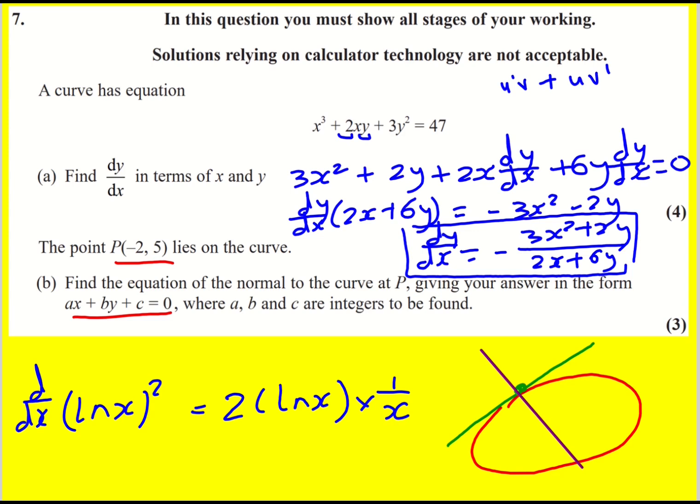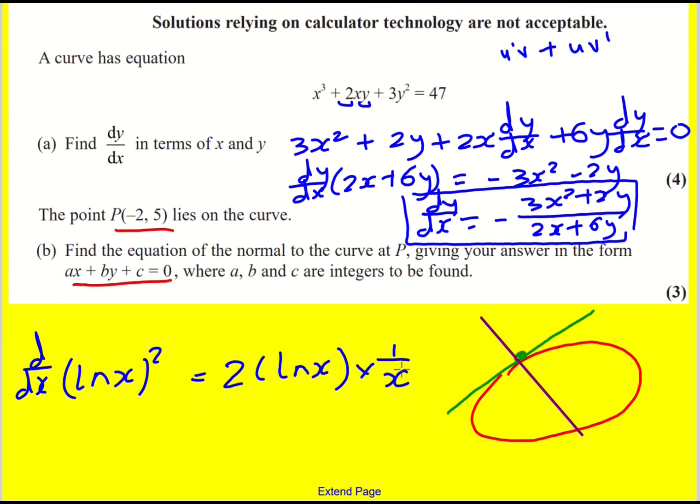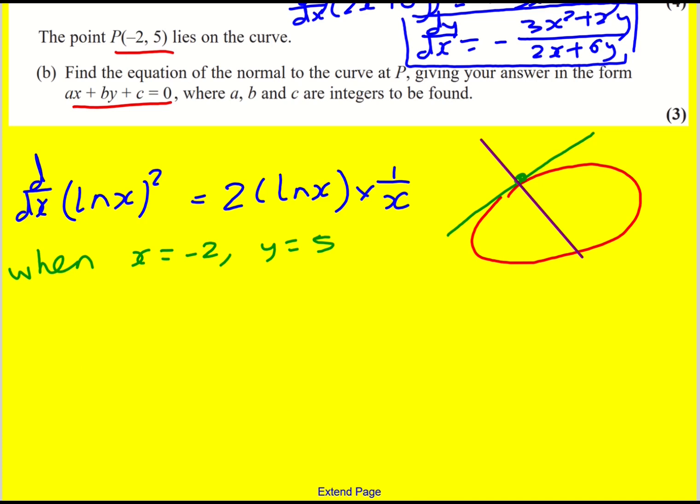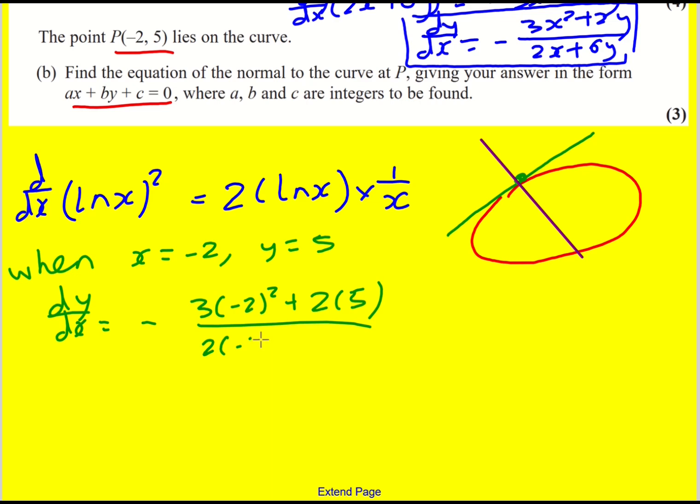The first thing to do actually is find out the gradient at the point, because that's the gradient of the tangent. So when x equals minus 2, well, y is 5, we already have that. But dy by dx is going to be minus 3 times minus 2 squared plus 2 times 5, all over 2 times minus 2 plus 6 times 5.